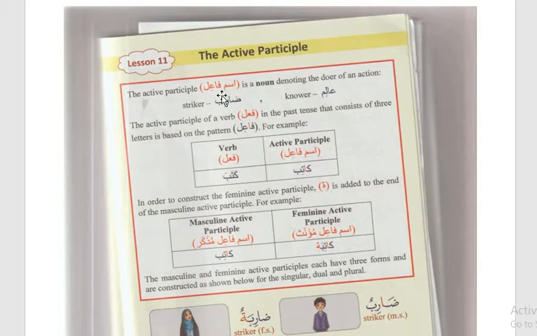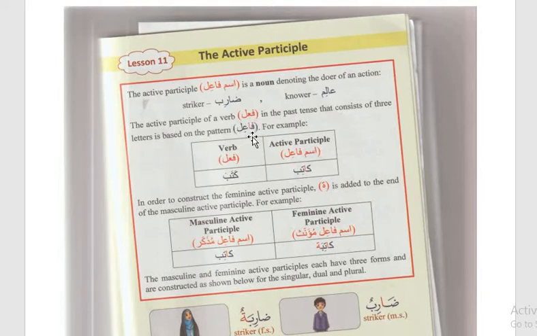اسم فاعل. The active participle of a verb فعل in the past tense that consists of 3 letters is based on the pattern فاعل. So any active participle should be the same pattern as فاعل.